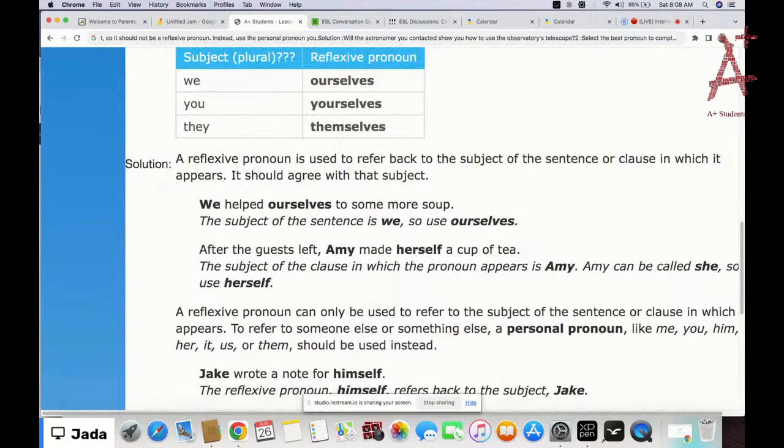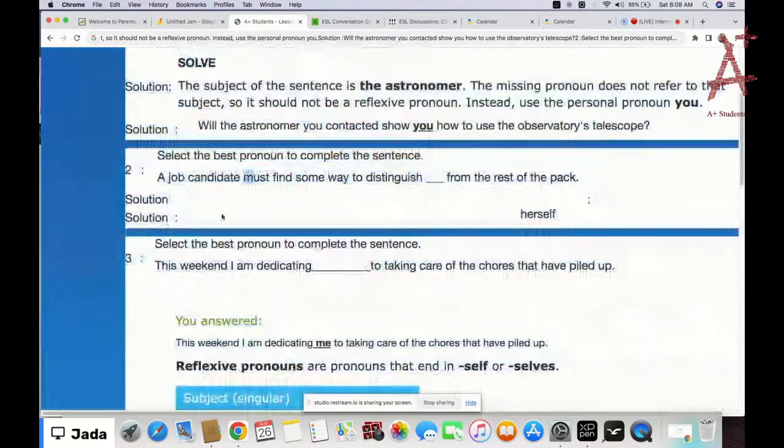And then we have some examples here. Select the best pronoun to complete the sentence. So you need to select the best pronoun that would help you complete the sentence. This weekend I am dedicating what?